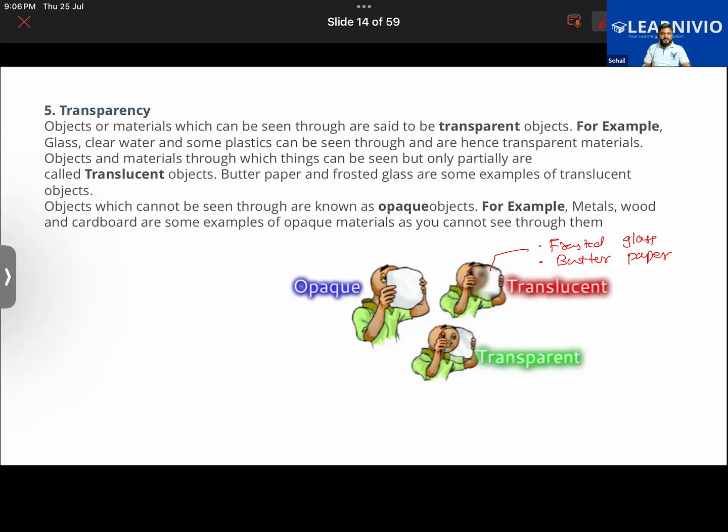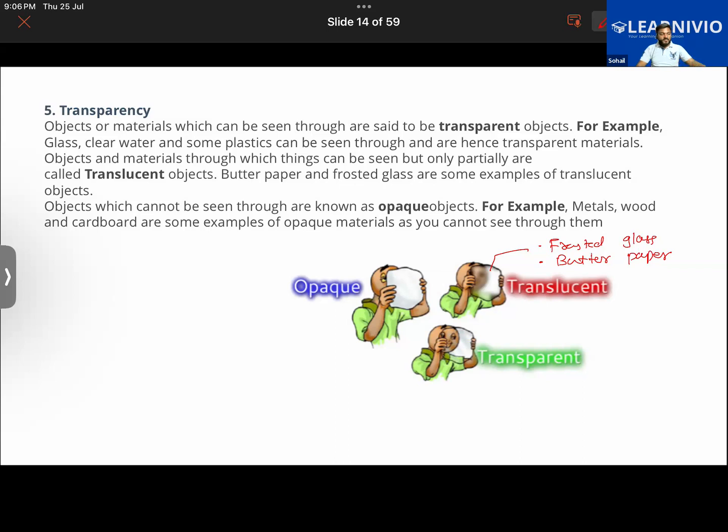Wood is opaque. Stone is opaque. Paper is also opaque, right? It really depends upon the type of paper you have. Sometimes if you put it against light, then you can kind of see through it.